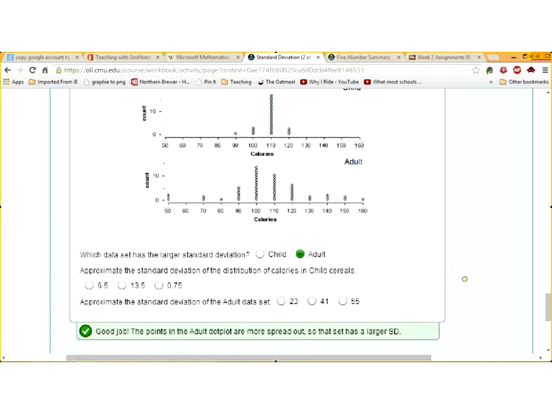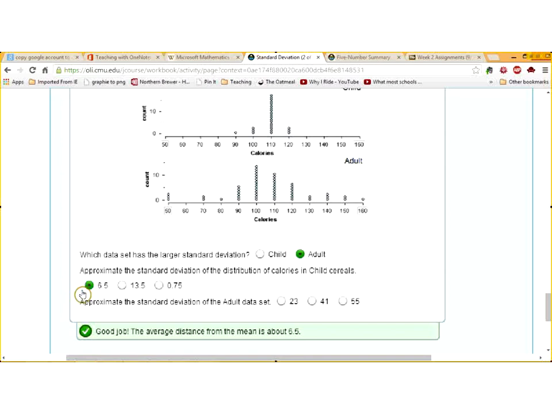This is kind of tricky because you haven't done much practice, but notice the center is around 110, and most of the values are no more than 10 away, and there's only one that's a little further. So 6.5 makes the most sense of these three choices. 0.75 is way too small, and 13.5 is probably too big.